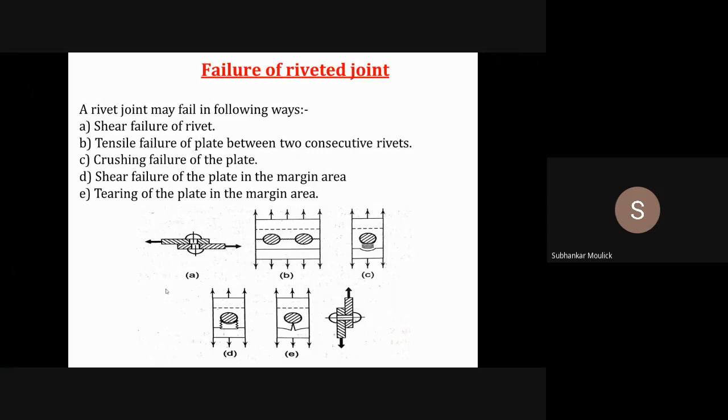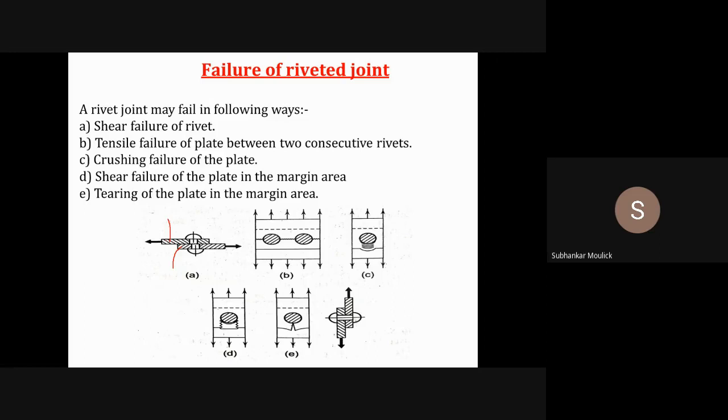So what is shear failure of rivet? How can you show it? The first figure represents shear failure of the rivet. This is your plate A, this is your plate B. You have joined both the plates with the help of a rivet. Altogether, you can say that this is a single riveted lap joint.